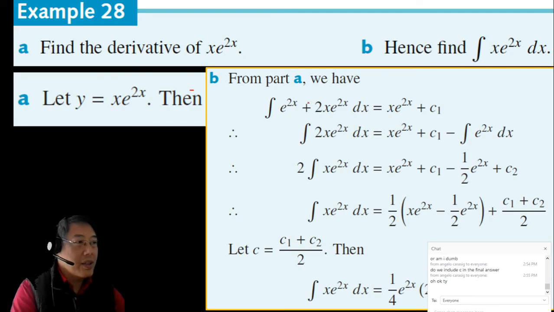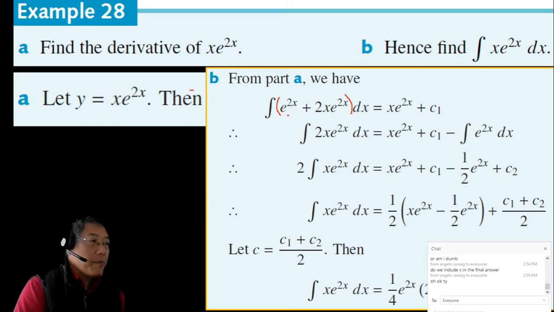And that right hand side of part A, which now is the left hand side, is the integral of e of 2x. So it's actually a bracket here. All of that is the integral. Now we're going to split it into two integrals, and we're going to transpose that e of 2x to the right hand side.